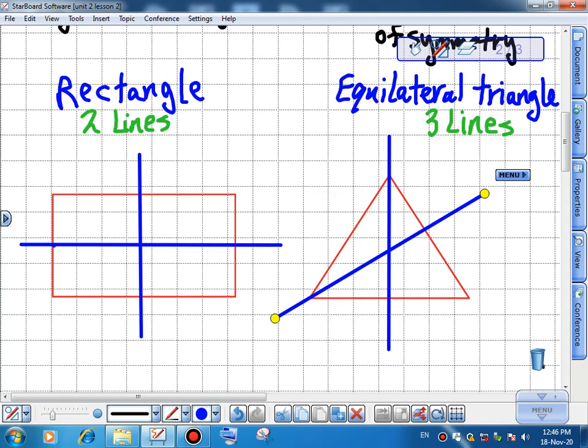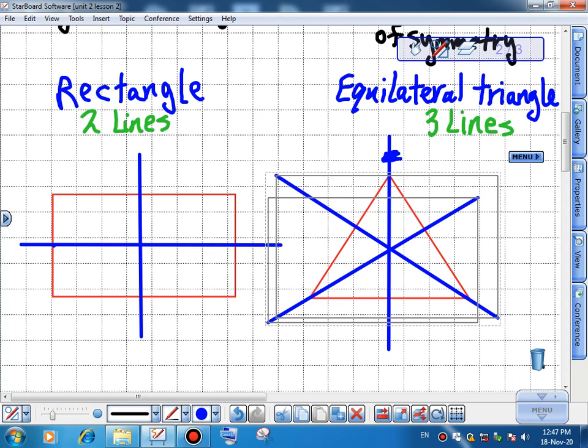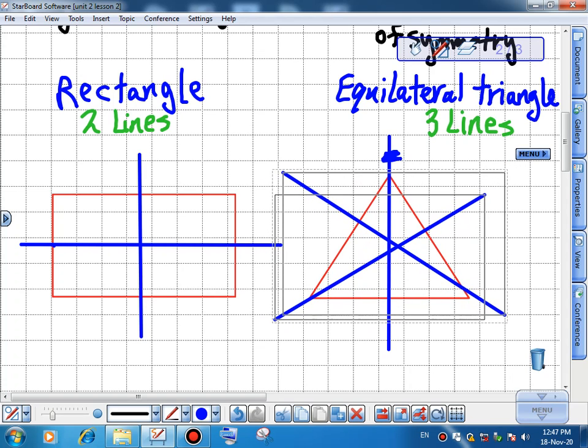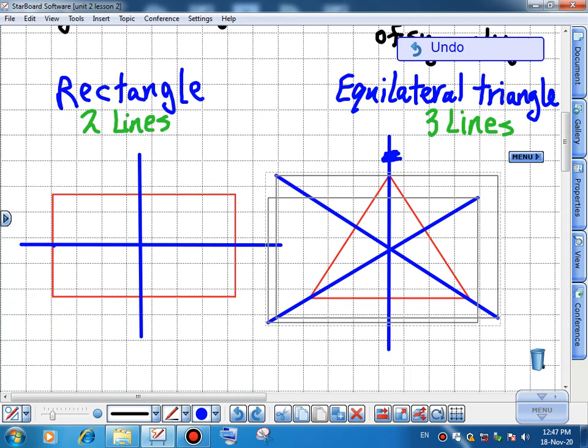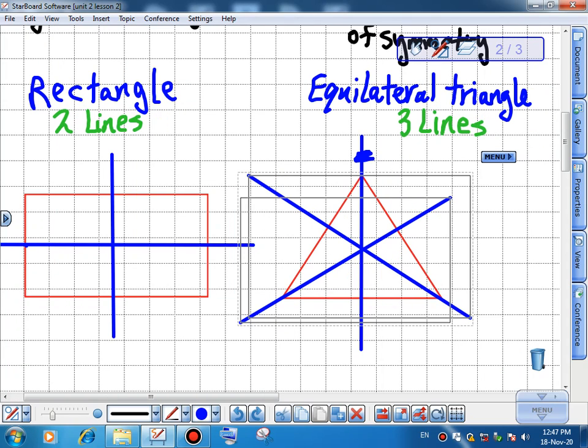Number three, cut the third side like this. All sides are equal in length, and the lines cut in the same way. If I take this line, this side is symmetrical to this side, they are equal. So the equilateral triangle has only three lines of symmetry, no more than three.